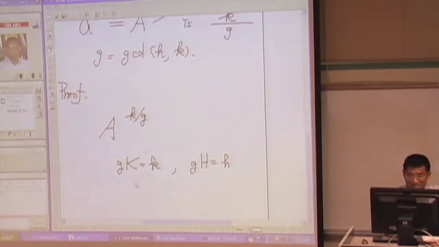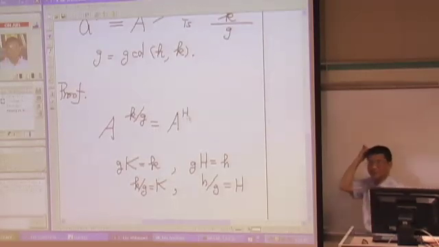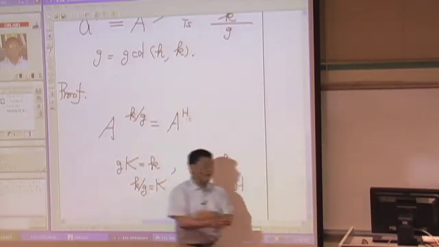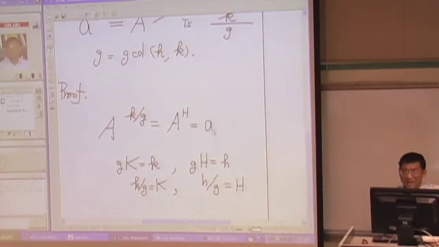Then because of this, k over G equals what? k over G is capital K. The same way, h over G equals capital H, right? So in this sense, I can write it this way, A to the power of H. But it doesn't matter in this case because we can cancel. Capital A is, by definition, a to the power of h.